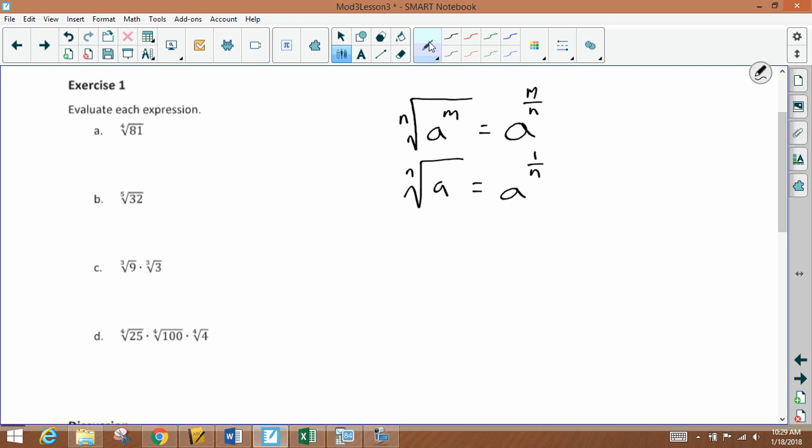Another rule that we're going to have is that if you have some nth root of a over b, that's the same thing as the nth root of a over the nth root of b. Okay? And that's pretty much what we're going to be using, those 3 properties throughout this lesson.